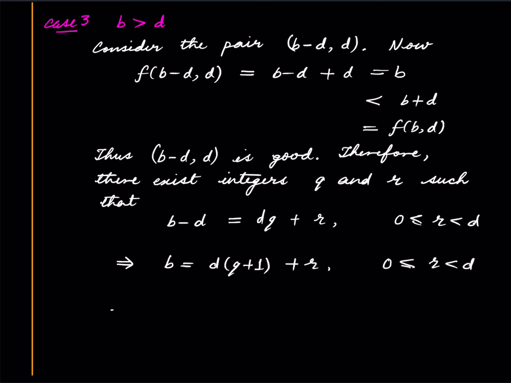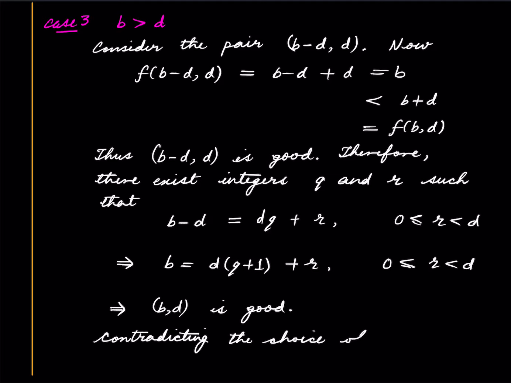But this implies that b comma d is good. Which again contradicts the choice of b comma d, because this was a bad pair.